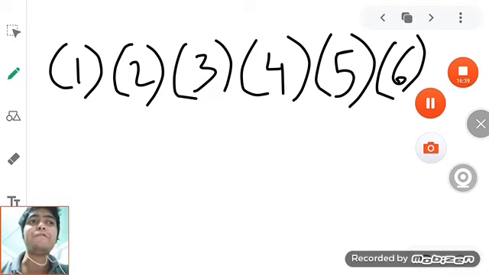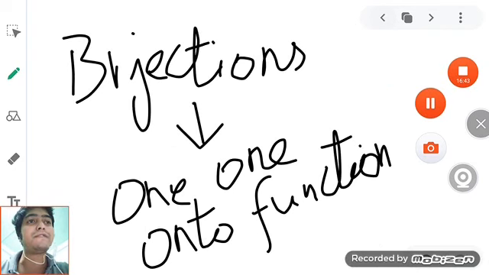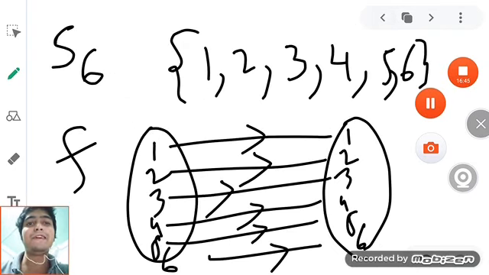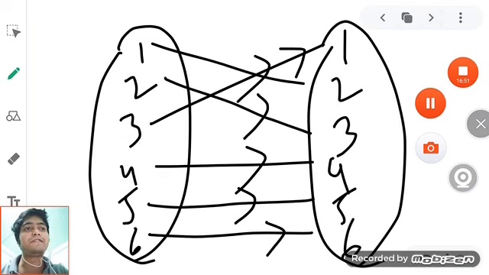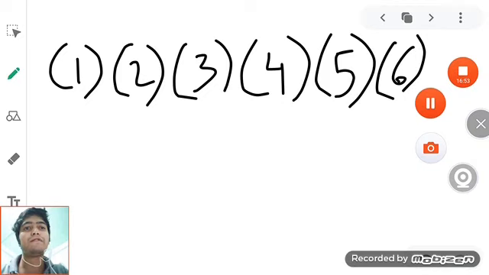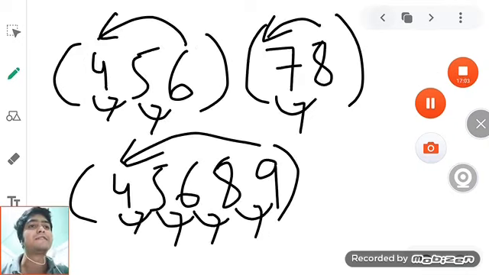So we can denote it in this way. When we use it like that, it simplifies this diagram. Just by looking at this notation, you can clearly see the function: 1 goes to 1, 2 goes to 2, 3 goes to 3, 4 goes to 4, 5 goes to 5, 6 goes to 6.